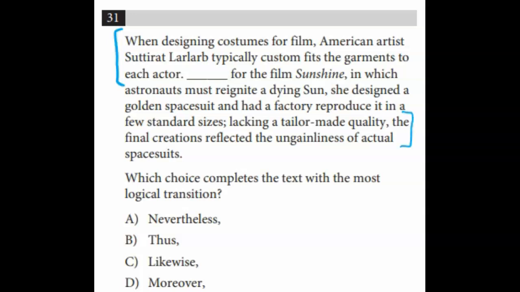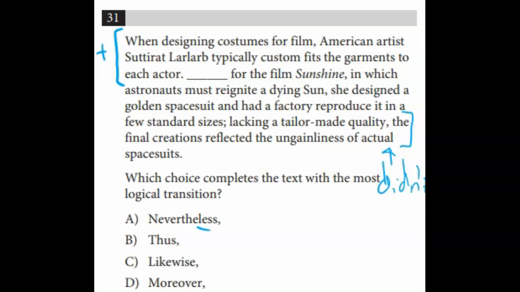Sweet, so she did the opposite. Basically it's saying she usually tailors it, but for this one, she didn't. So what transition would make it so these ideas could be accurately represented? We could say nevertheless, and yeah, nevertheless for film Sunshine.